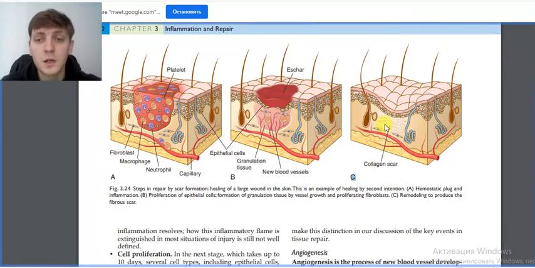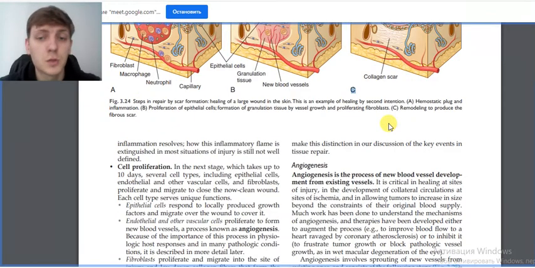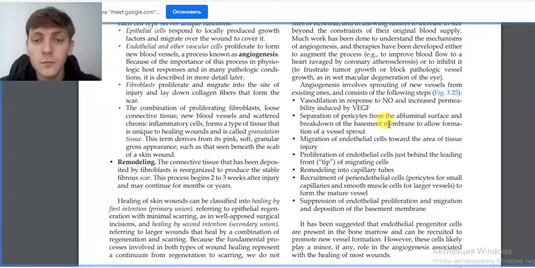When the scar is formed, because a scar is tissue that requires little blood, it requires no blood, no oxygen, no nourishment, because they're just deposited proteins, blood vessels are gradually destroyed, collapsed, and destroyed by apoptosis.